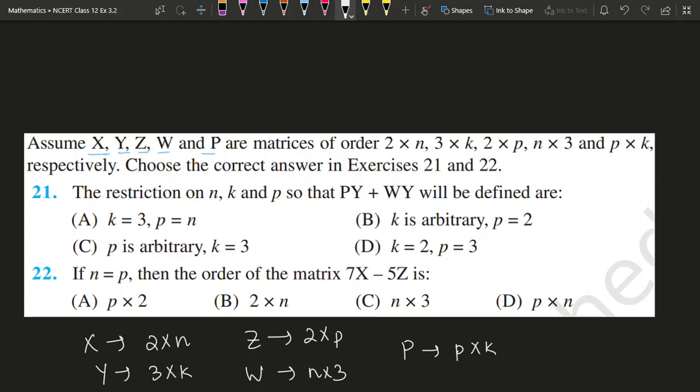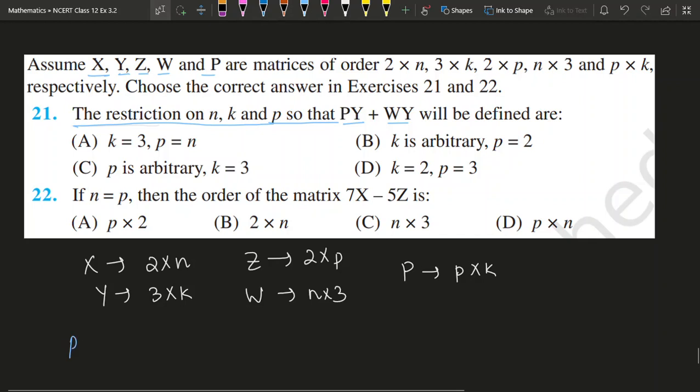So the first problem is the restriction on n, p, k so that PY plus WY will be defined.